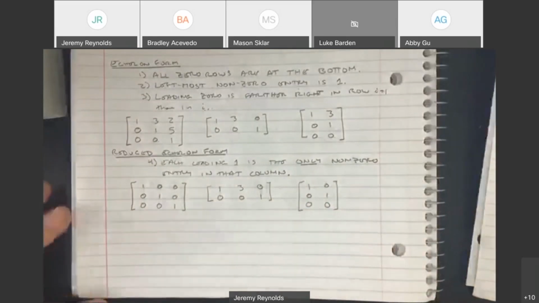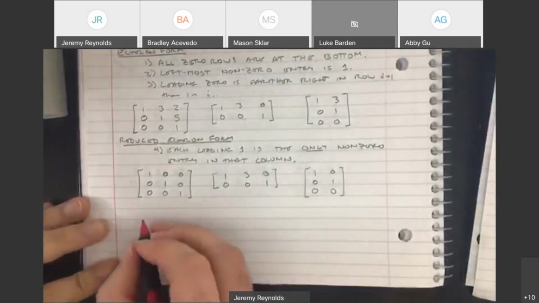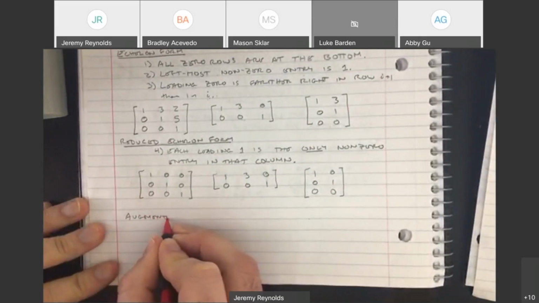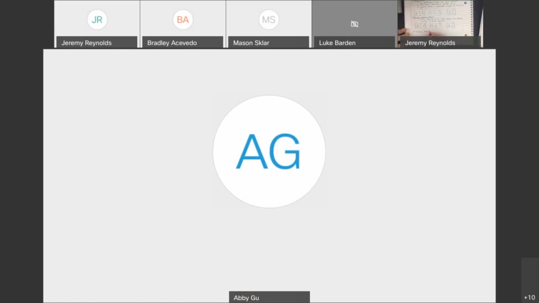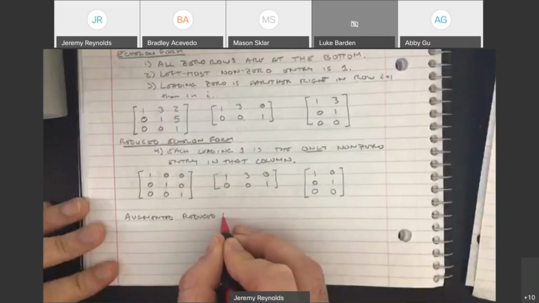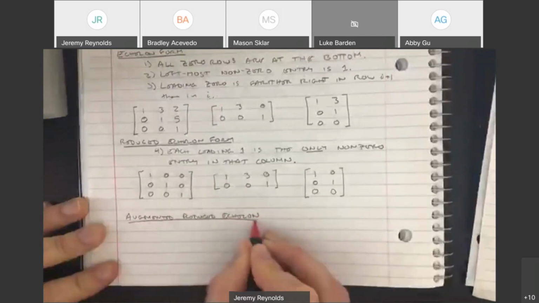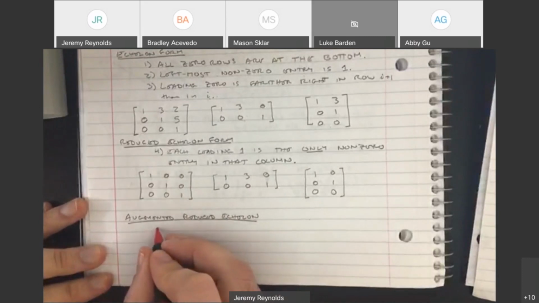Okay. And why is it useful to get it into reduced echelon form? Here's why. If we have an augmented matrix in reduced echelon form, it'll look like this.